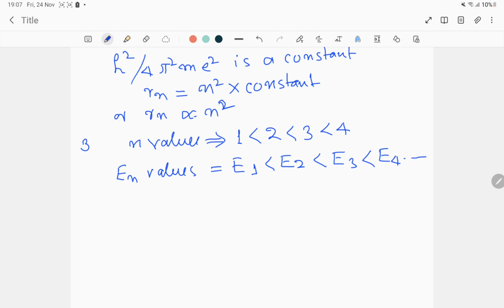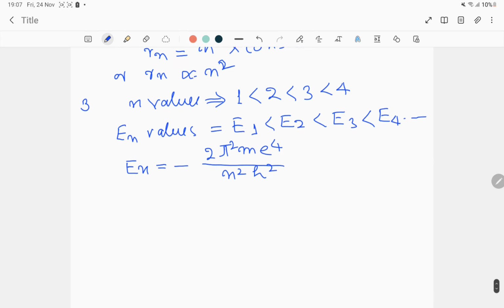Now this can be understood by this equation, that is En is equal to minus 2 pi square m e power 4 divided by n square h square, where 2 pi square m e 4 divided by h square is a constant.